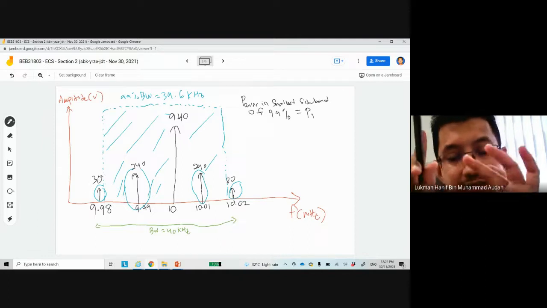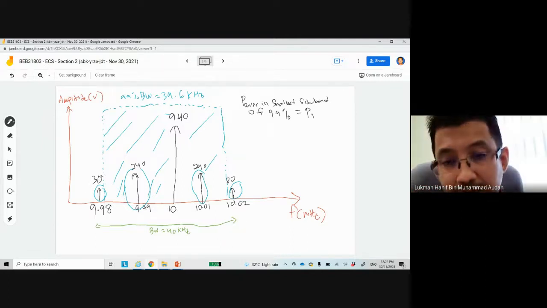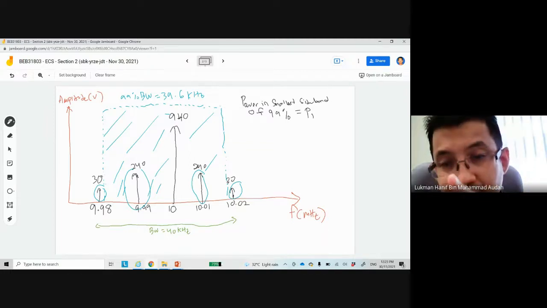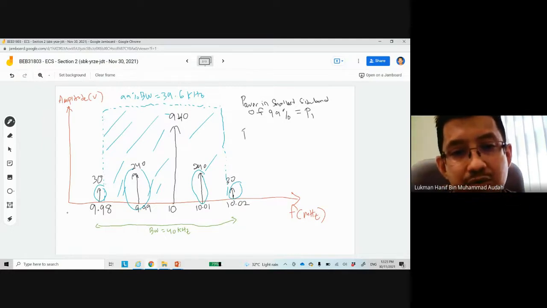So saya akan ambil satu saja sideband, saya tak ambil dua-dua. Sebab dia tanya cuma satu, what is the power of the smallest sideband? Sideband yang paling kecil tu berapa power dia? Dalam kes ini adalah first sideband. So saya merujuk kepada P1, which is equal to V1 square over 2R.